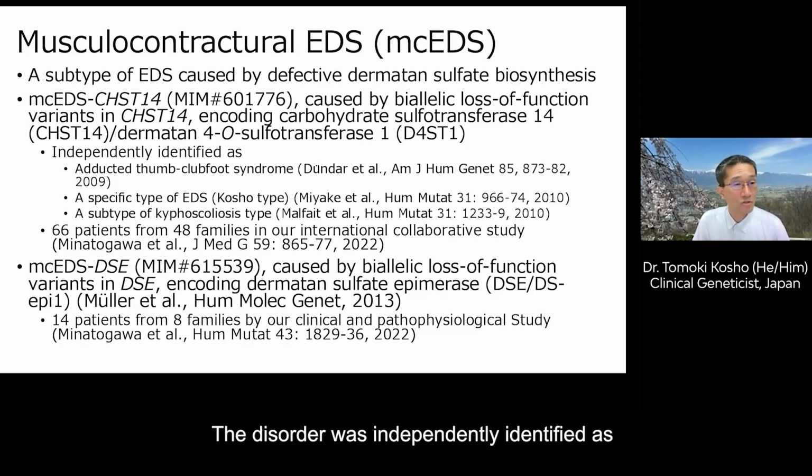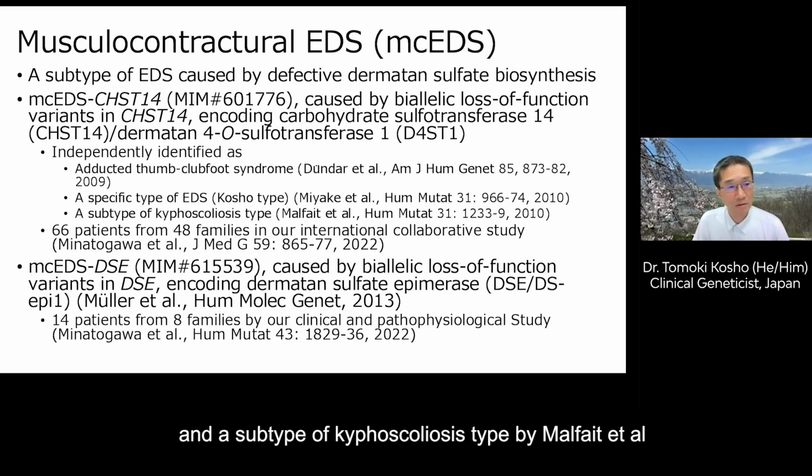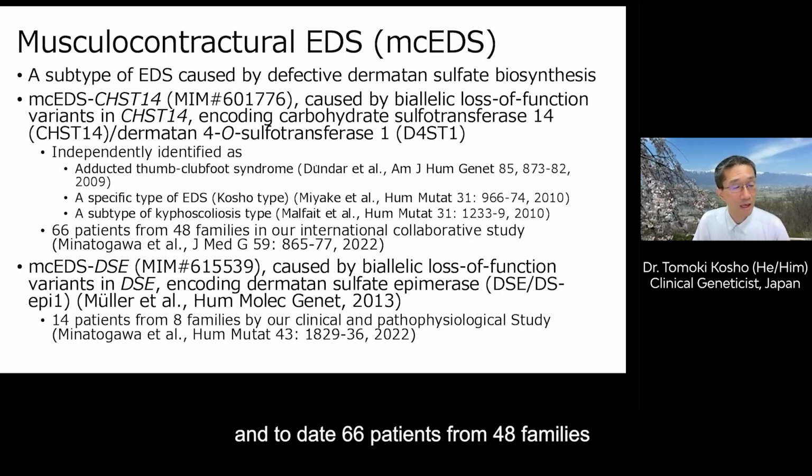The disorder was independently identified as adducted thumb clubfoot syndrome by Dündar et al., and a specific type of EDS, which was called Kosho type by us, and the subtype of kyphoscoliosis type by Malfait et al. To date, 66 patients from 48 families have been reported in the world.